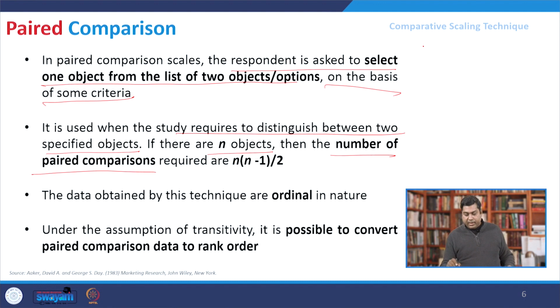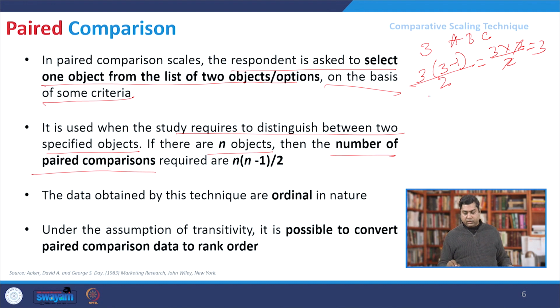So if I have 3 objects, say A, B and C, and I want to know the preferences through paired comparison, the total combination will be 3 into 3 minus 1 by 2, which is 3 into 2 by 2, so 3.